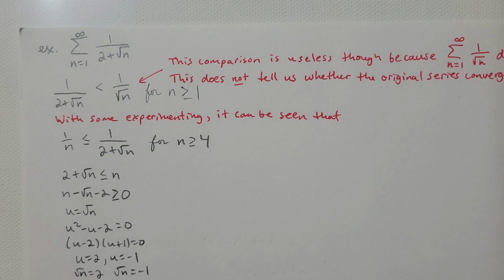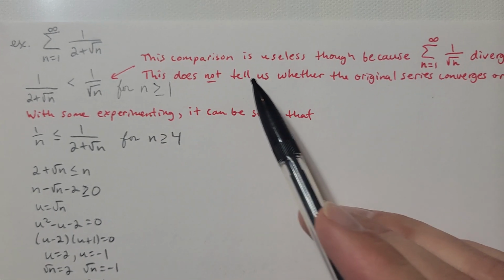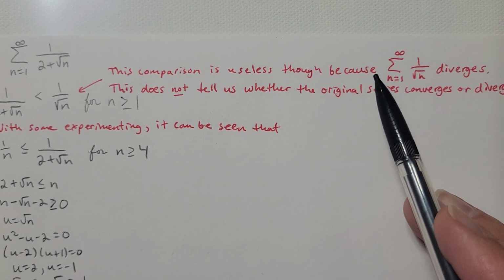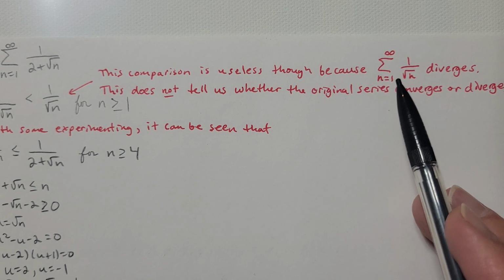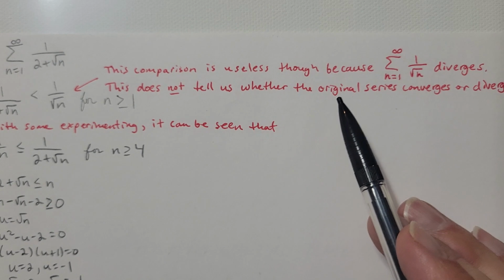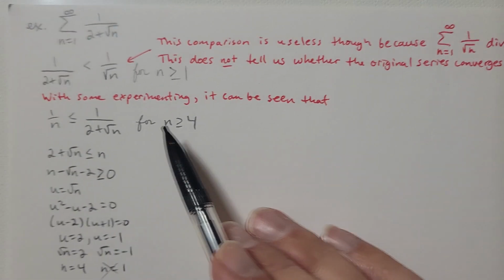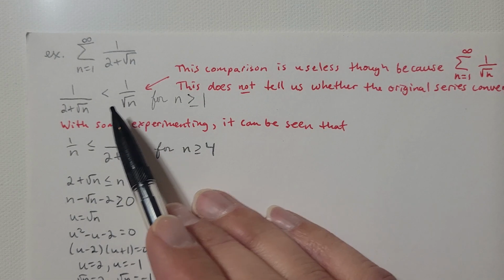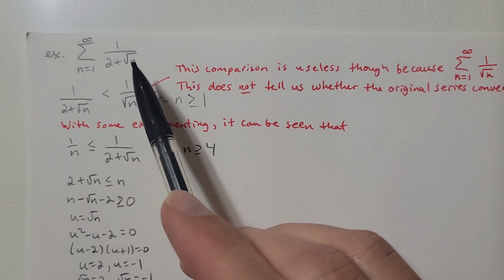This comparison would be useless though, because the summation as n equals 1 to infinity of 1 over the square root of n diverges. So this does not tell us whether the original series converges or diverges. I could still have a convergent series.